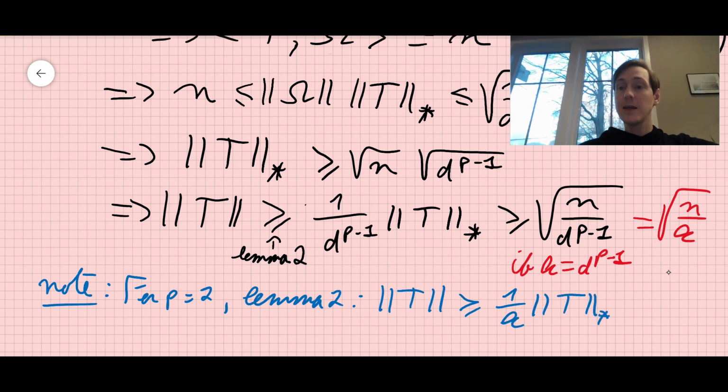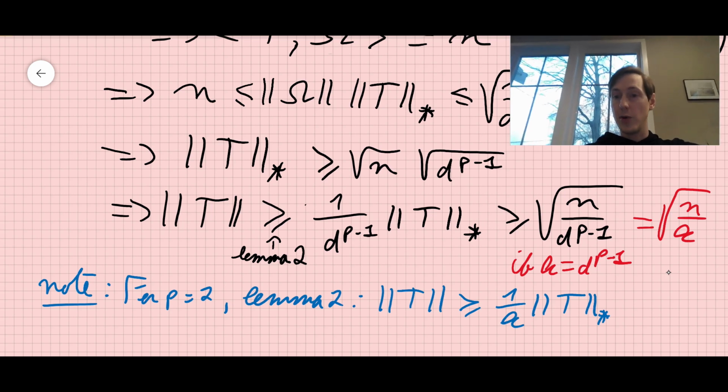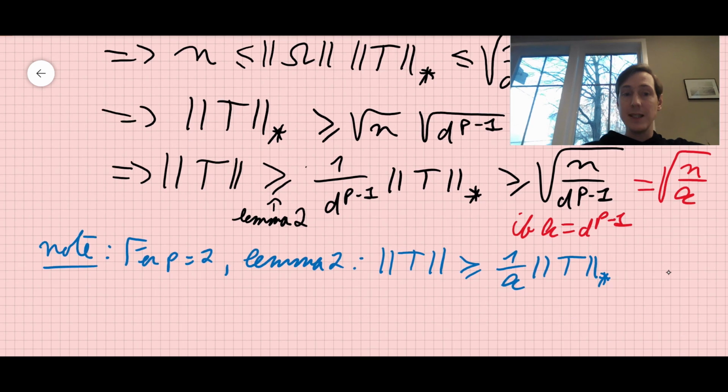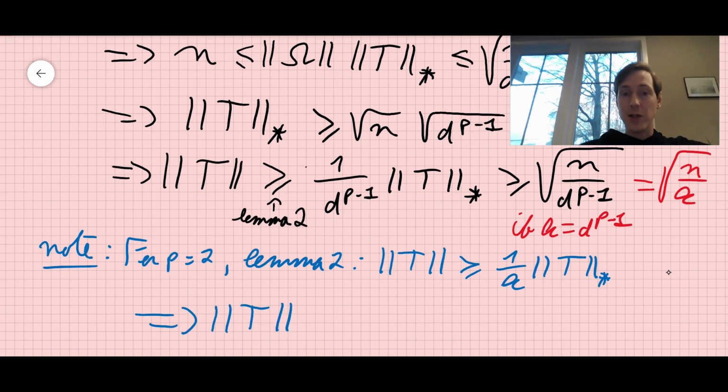This is again just because if you have a rank k matrix, then you have only k non-zero singular values. So the dual operator norm, the nuclear norm, the sum of the singular values, is less than k times the max of those. So in this case, you actually get that the Lipschitz constant of a neural network is larger than square root n over k times square root d over k.